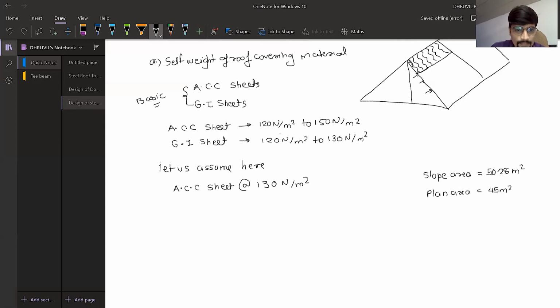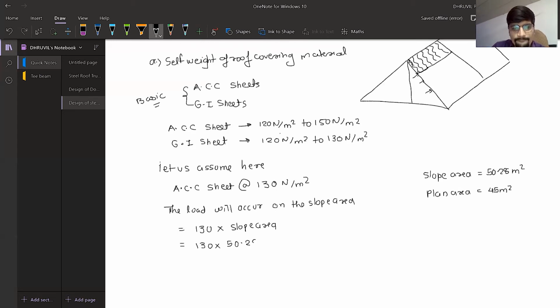So the load will occur on the slope area. That's why 130 into slope area is equal to 130 into 50.28.